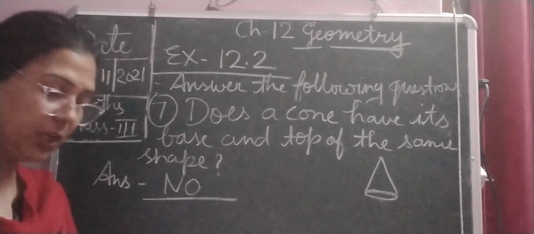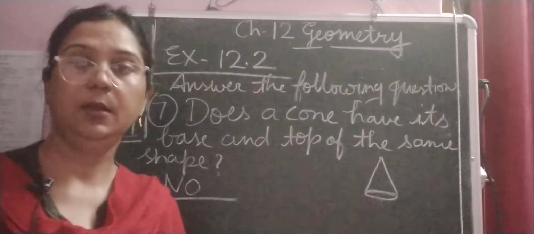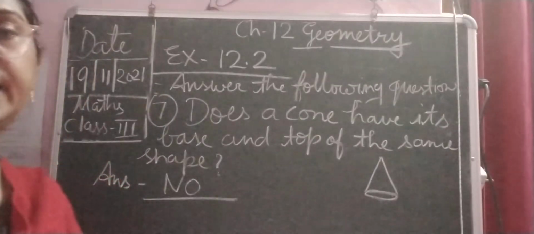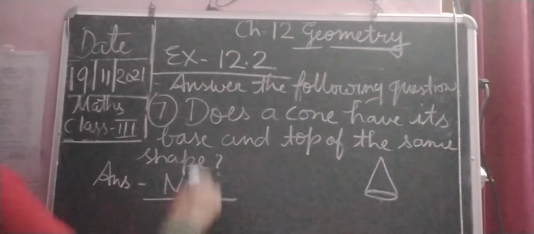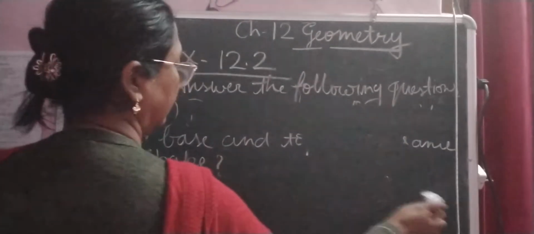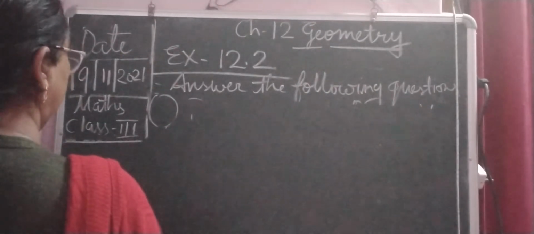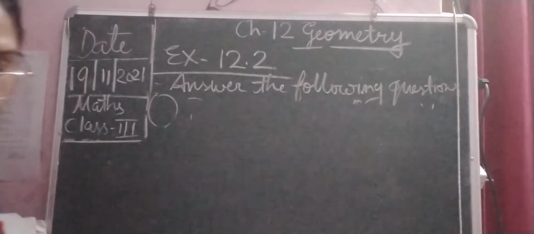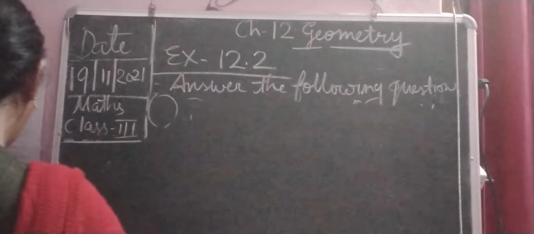Now our next question is, how many curved faces does a cylinder have? Our next question is number 8.